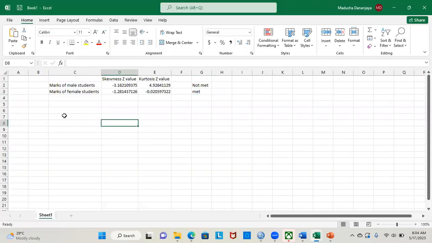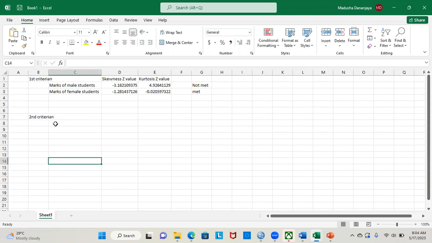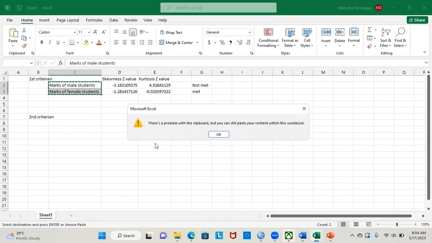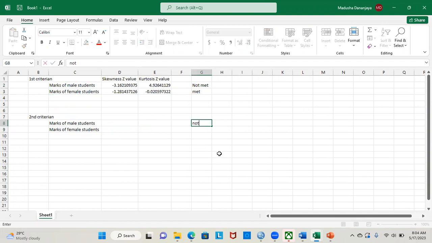Now the first criterion is also not met, and according to the second criterion, marks of male students again not met.